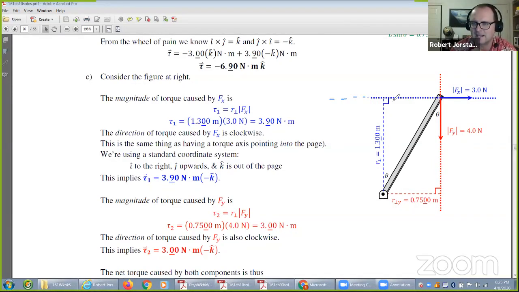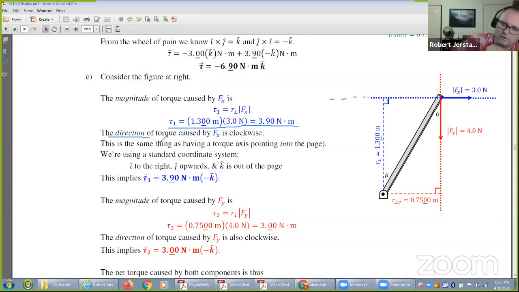Remember, these dotted lines here are the lines of action. The dashed line is the perpendicular bisector. Well, that's just the lever arm. So if I know the force component and the lever arm, that's good. So the torque for the blue one, magnitude, is this. This gives me the magnitude of the blue torque. Okay, how do I get the direction of it?